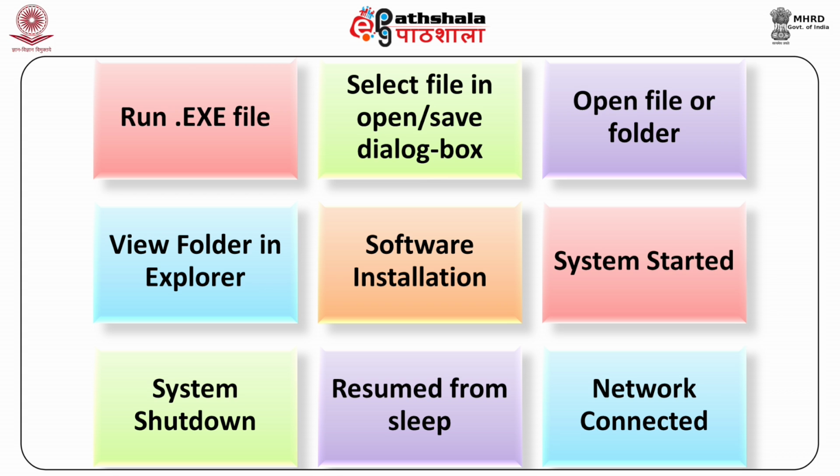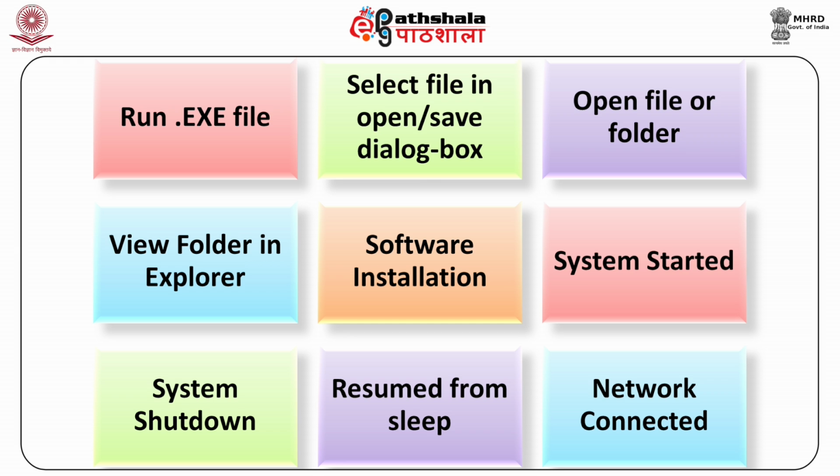Next is software installation. It displays software that has been installed or updated. System started. The computer has been started. System shutdown. The system has been shut down directly by the user or by software that initiated a reboot.